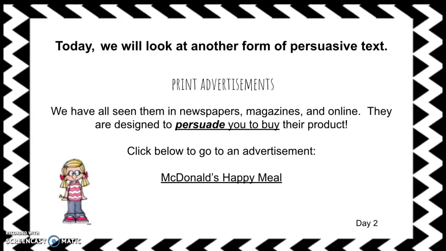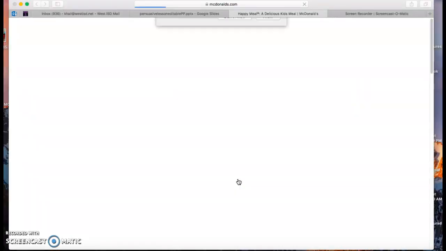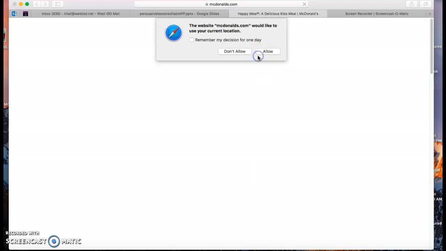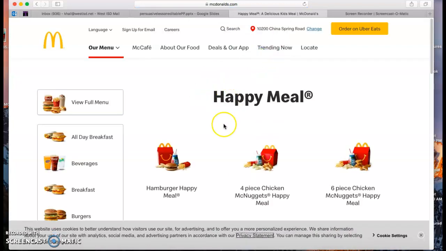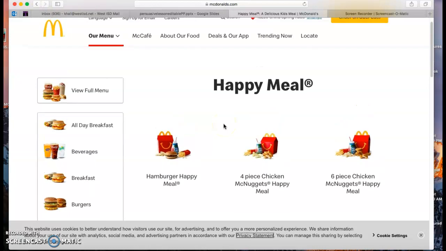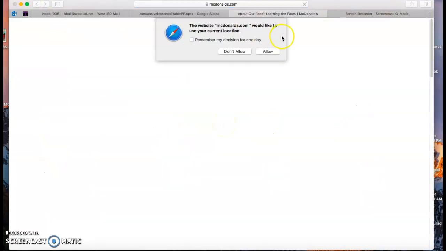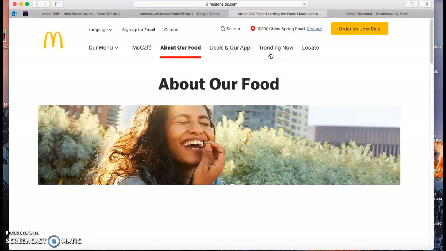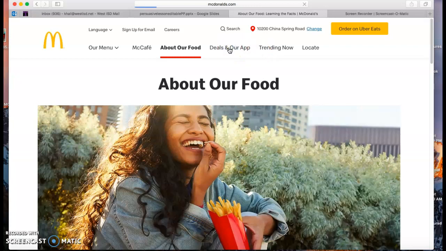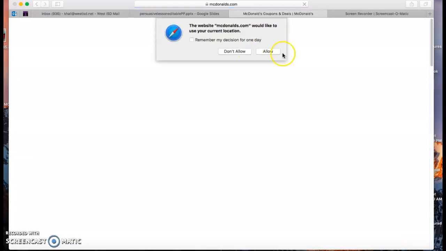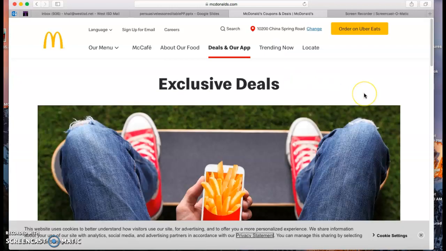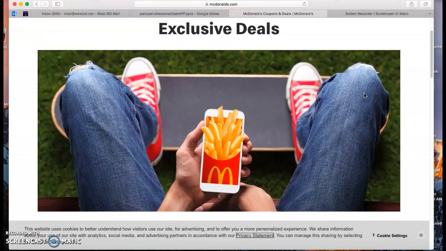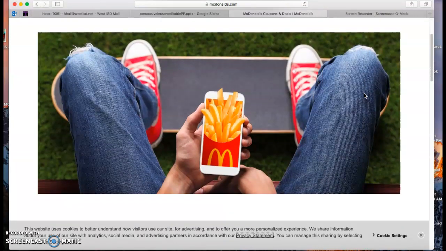So now we're going to look at a McDonald's web advertisement, if it will allow me to get on there. And if we go here to our deals, of course, this is your print advertisement.